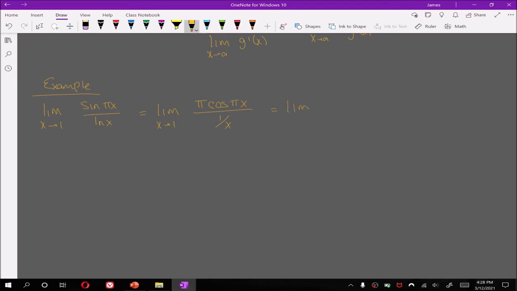This becomes the limit as x approaches 1 of pi x cosine of pi x. Now if we plug in 1, we get pi times cosine of pi. Cosine of pi is negative 1, so our limit here is negative pi.